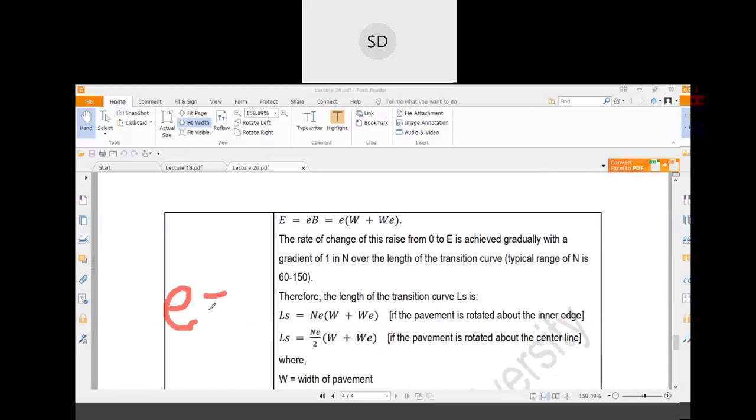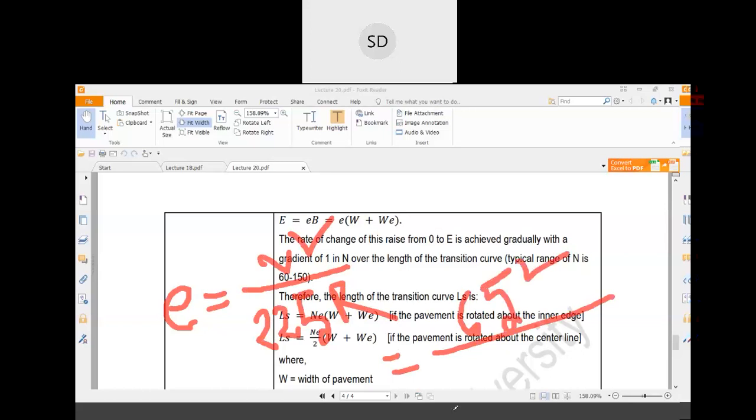So if you consider V in kilometer per hour, that equation would be V square divided by 225 into R. Now, what is the value of V? Value of V is 65 square divided by 225 into 220.